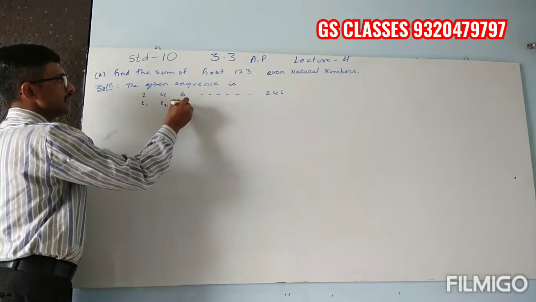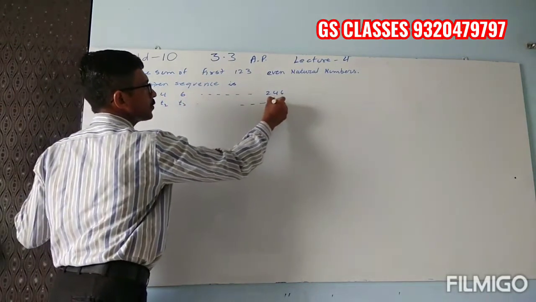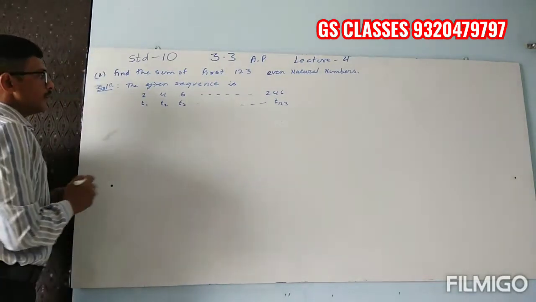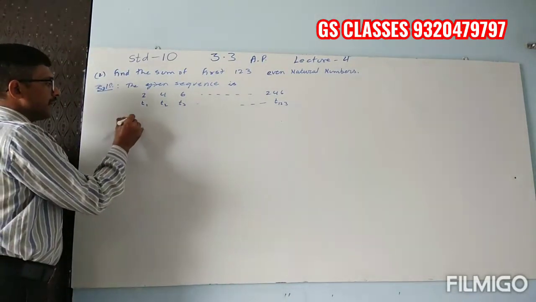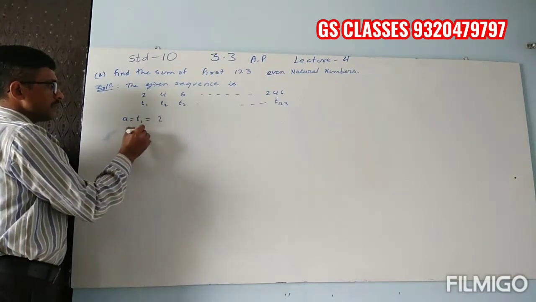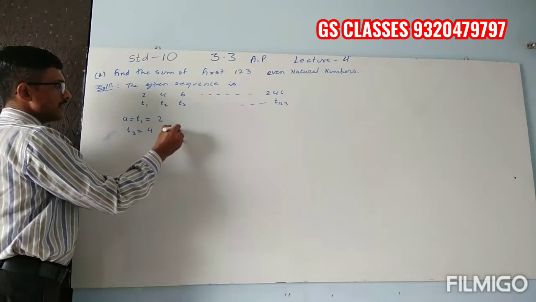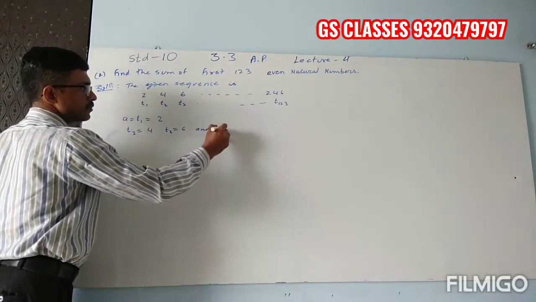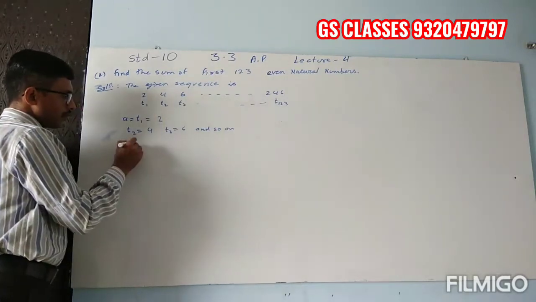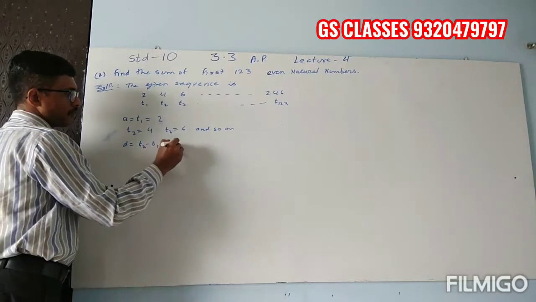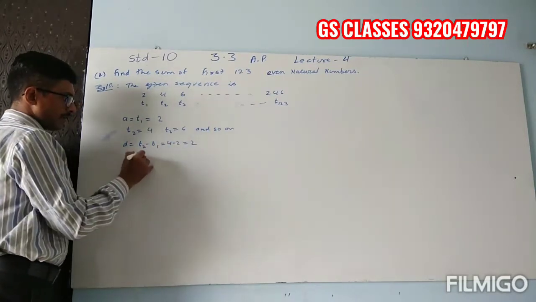T1, T2, T3, like that. It is going up to the T123. We have to now write A, which is T1, which is 2. T2 is 4, T3 is 6, and so on. Now common difference, T2 minus T1 is 4 minus 2, which is 2.